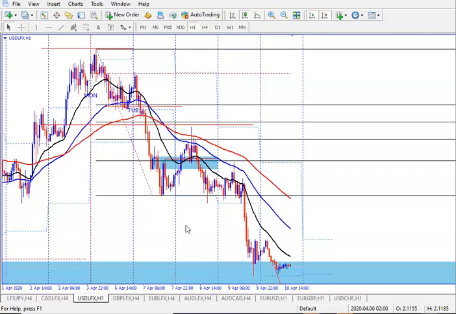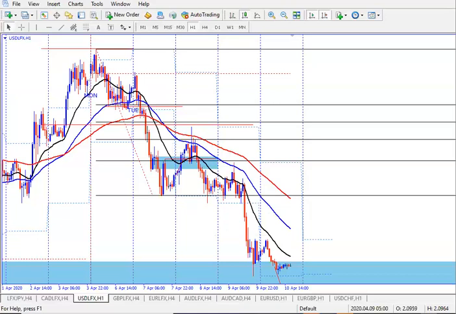Once it comes back down into it, you can call it mitigation or a breaker, for it to continue its move back down. So that was my thoughts on the US dollar, and as you can see, from that 50%, because I knew it was going down, I was going to buy a foreign currency.